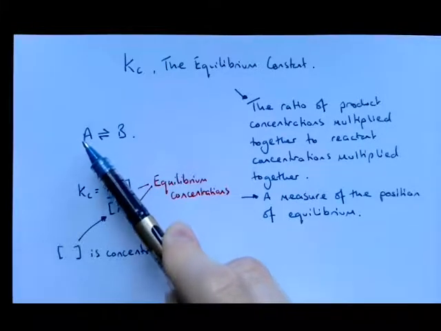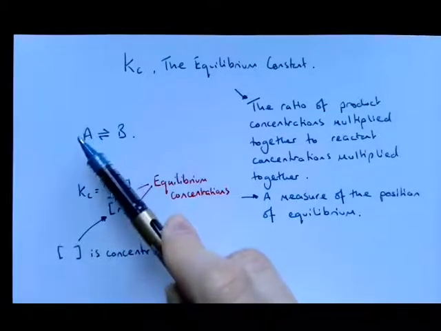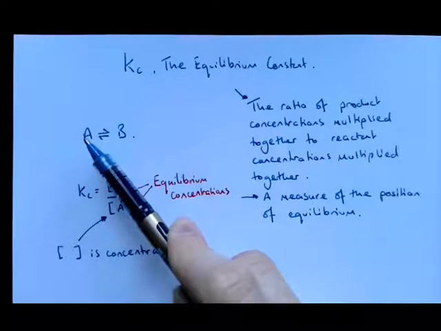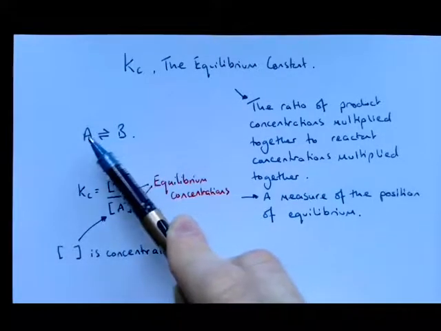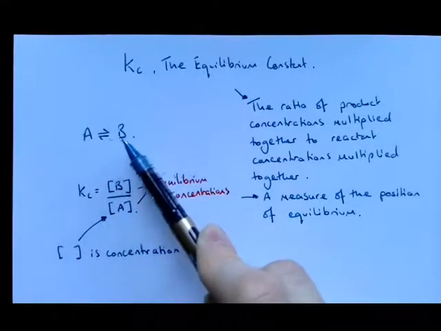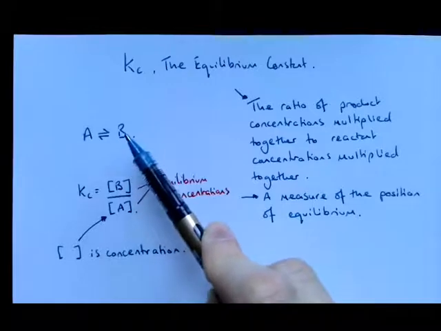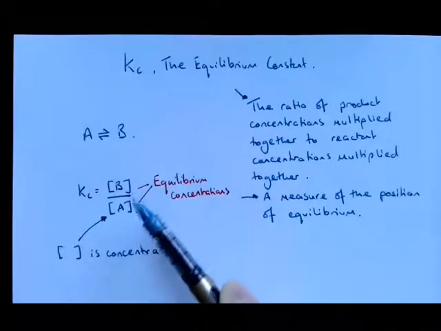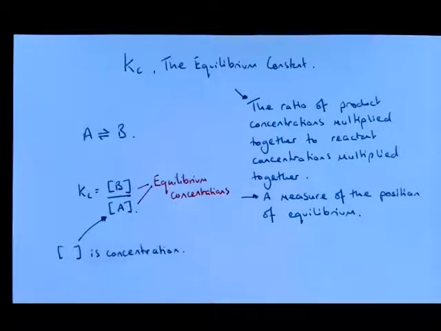Then at the very start I'll only have A, but as the reaction happens and I achieve equilibrium, I'll have a different concentration of A and a different concentration of B, but they'll stay the same. And it's that concentration at equilibrium that I use in here. And we use just the normal units of concentration, which are moles per decimeter cubed.